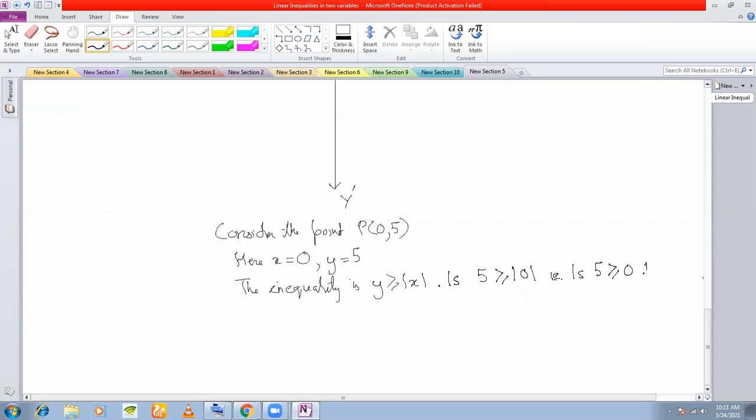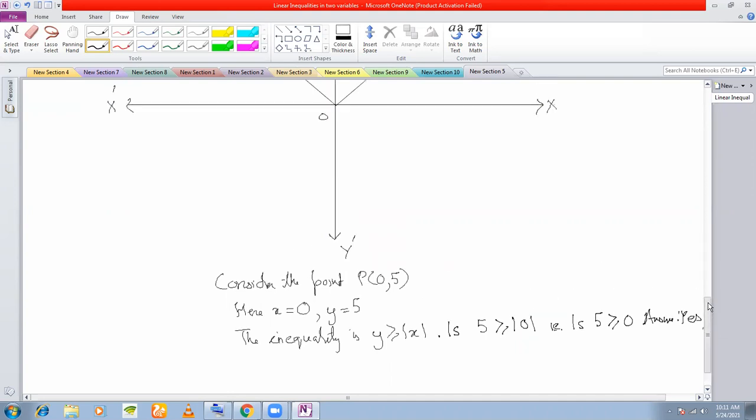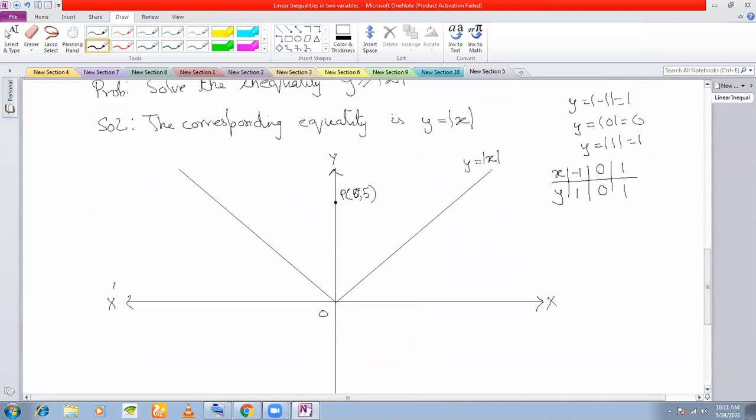Answer is yes, isn't it? 5 is greater than 0. So that means all your solutions will lie on this side. You will shade this side, because this point is satisfying the inequality, all the points will lie on the side containing the point.